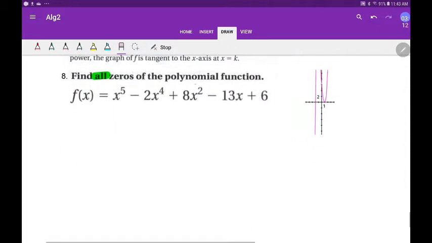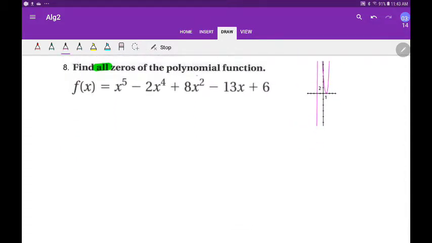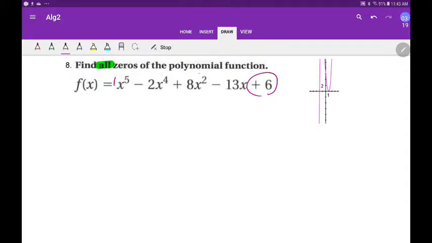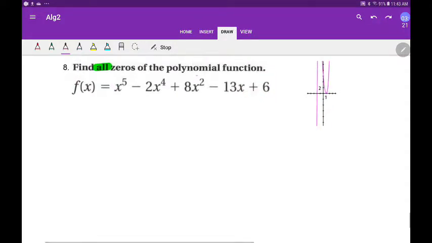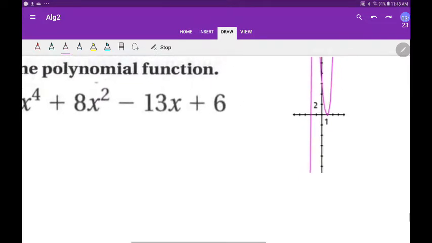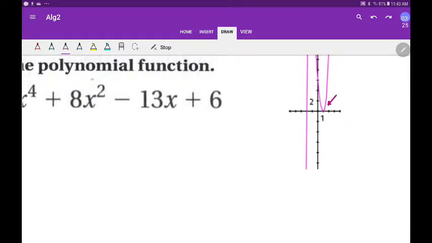Let's look down here and see what we get. Find all the zeros. Well, there's a 6 out here, and there's a 1 here. So also I have a nice sketch here, so it really looks like 1, and it really looks like -2. It really, really does. And oh, by the way, it looks like it's kissing right there.